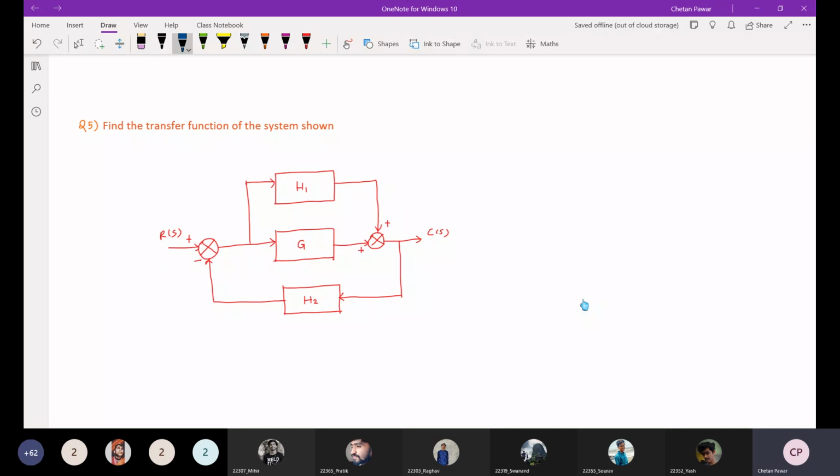Now you tell me, if I consider this block and this block, what will be the combination of these two blocks? Are they in cascade or in parallel? Sir, we can't see your cursor.